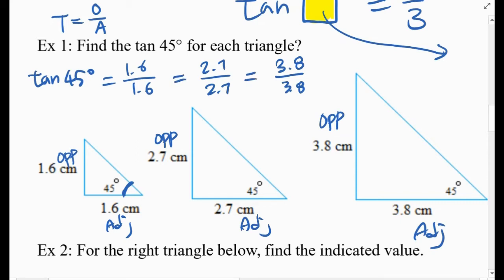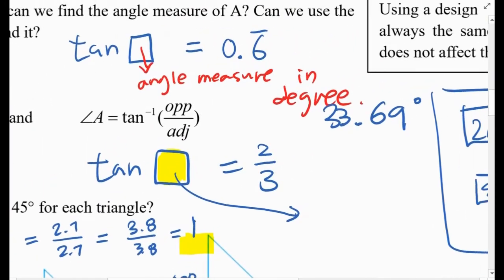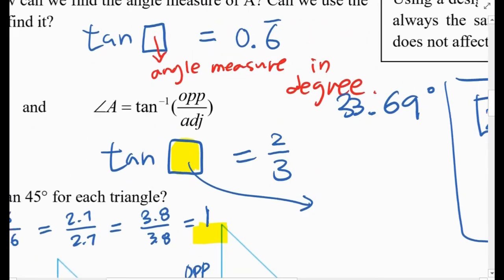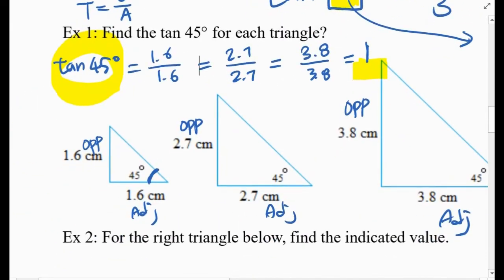If you find opposite over adjacent, it becomes 1, right? You divide 1.6 by 1.6 and it becomes 1. So tangent 45 is always 1, like tangent 33.69 is always 2 over 3. Tangent 45 is always 1. Make sense, everyone?